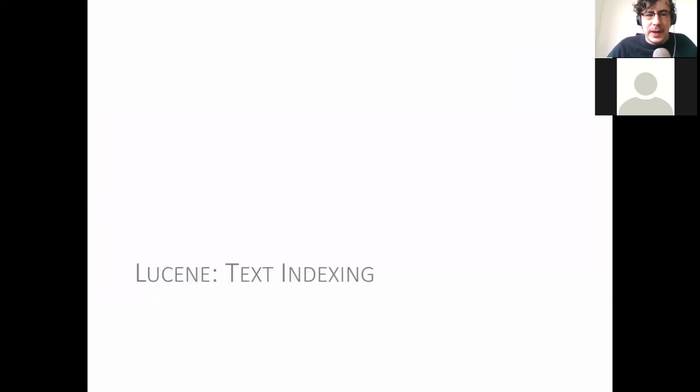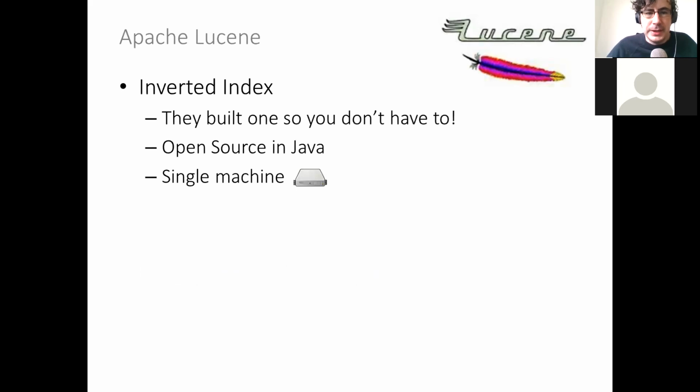So in terms of actually building an inverted index in the lab, you're not going to code an inverted index from scratch, because there already exist some very good implementations. One of the most widely used implementations of inverted indexes is called Lucene, again an Apache project. They've implemented an inverted index in Java.